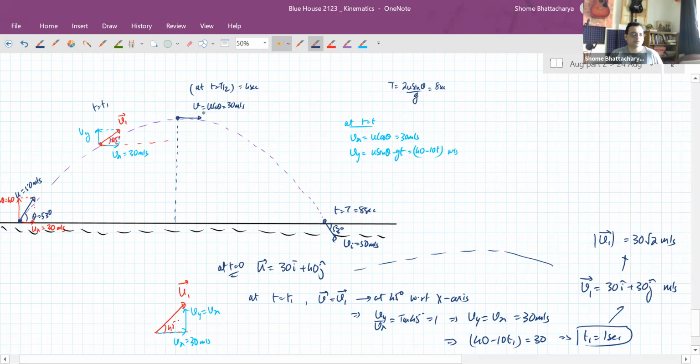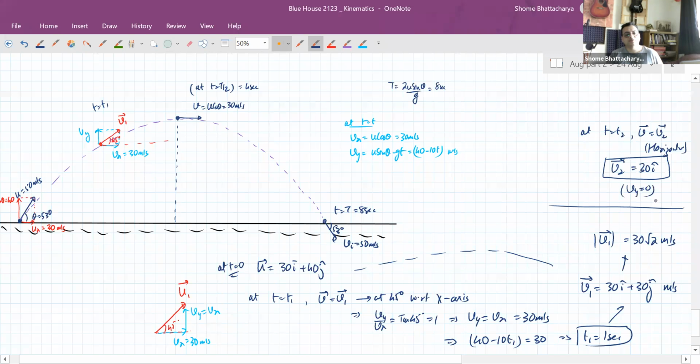Now further, at t equal to t2, the velocity is, let's say, v2, which is horizontal. If it is horizontal, that means v2 should just be equal to 30 i cap. The y component should become 0. So the time will be equal to 4 seconds, because vy is 40 minus 10t.